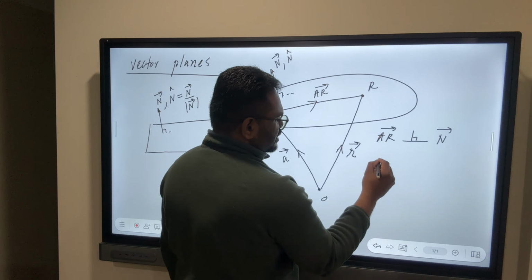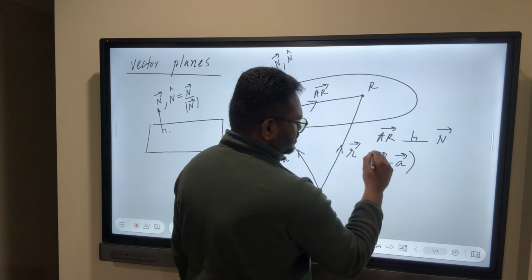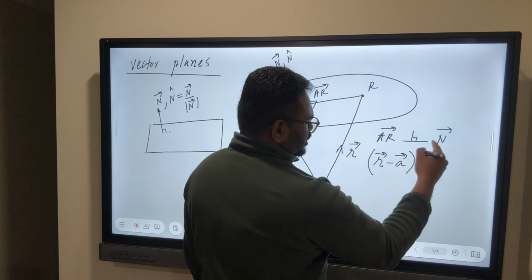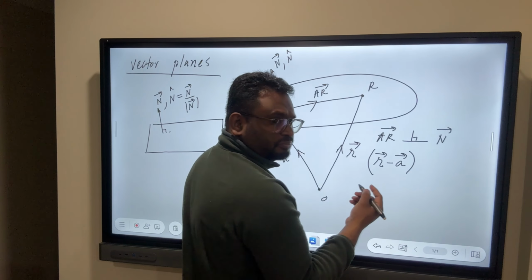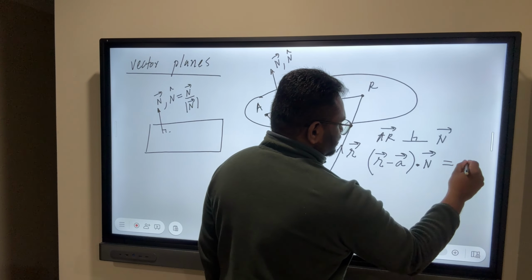So what is the AR vector? The AR vector is R minus A. This is perpendicular to N. How do you put this into math? You dot with the N vector and that should be 0.